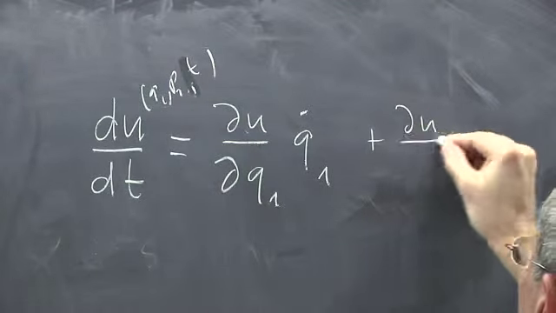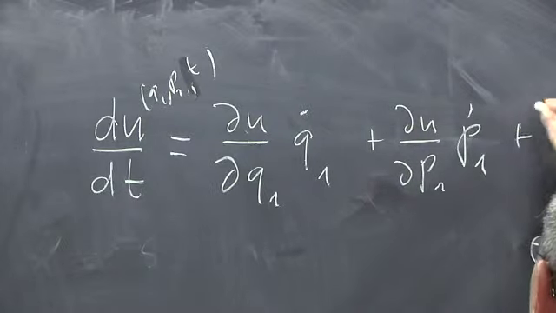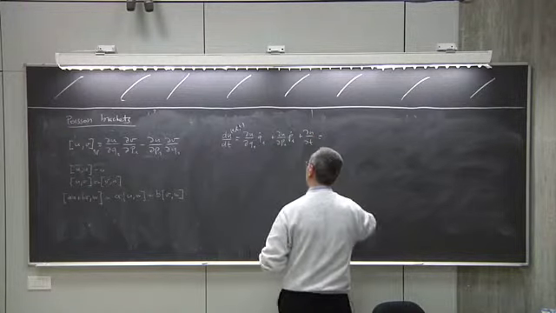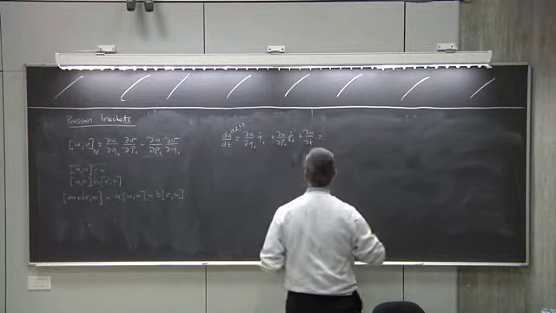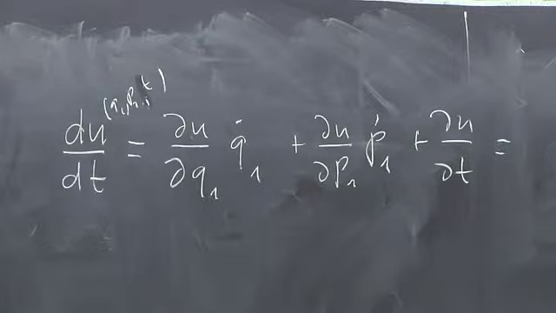Plus dU/dPi times P dot i, of course also dU/dt. So I wrote the total derivative of a function of Q, P, and t in terms of the partial derivatives.